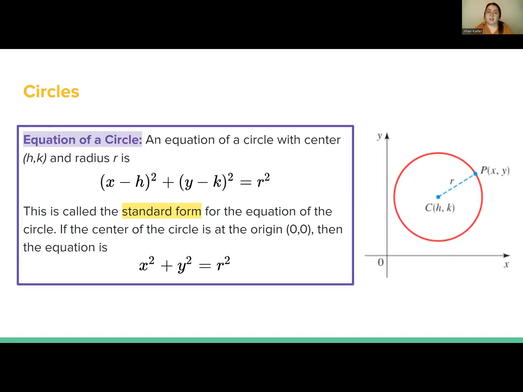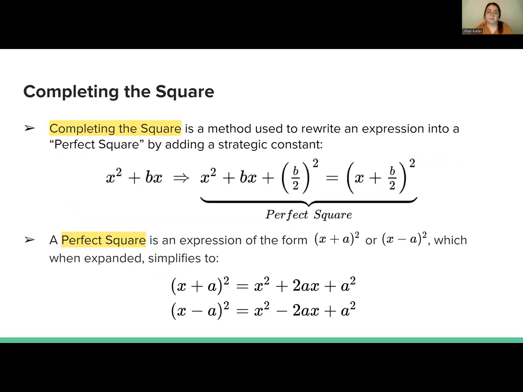We saw that in our standard form equation of a circle, we can easily identify where the center and the radius are. The center is at (h, k). The radius is this r value here. So once we have it in standard form, identifying the center and the radius should not be too bad.